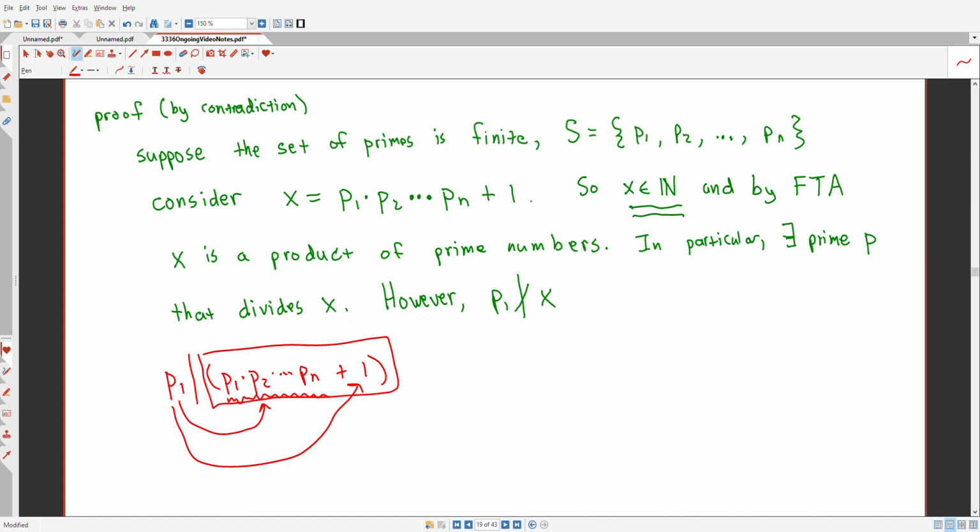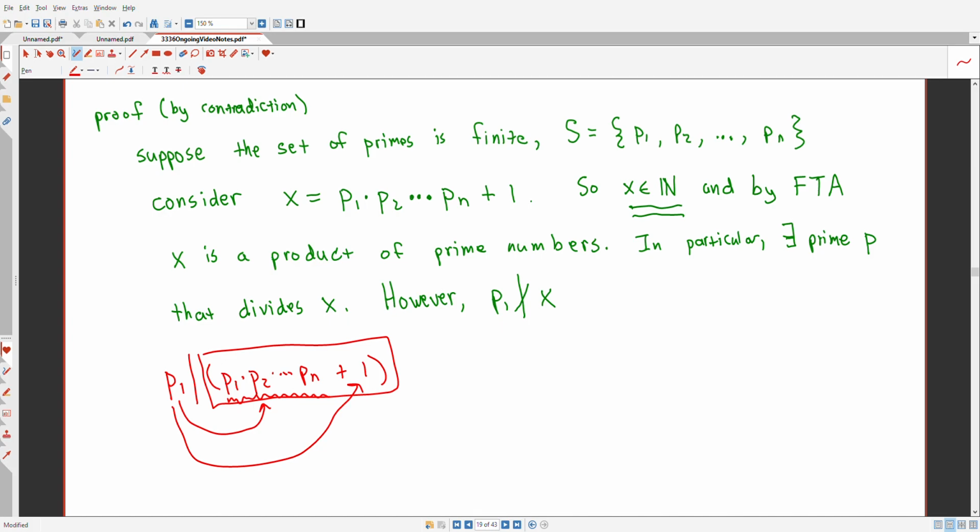But wait a minute. If P1 is a divisor of 1, and P1 is positive because it's prime, right? Prime numbers are natural numbers. So P1 divides 1, and it's positive. That means it's got to be a positive divisor of 1.